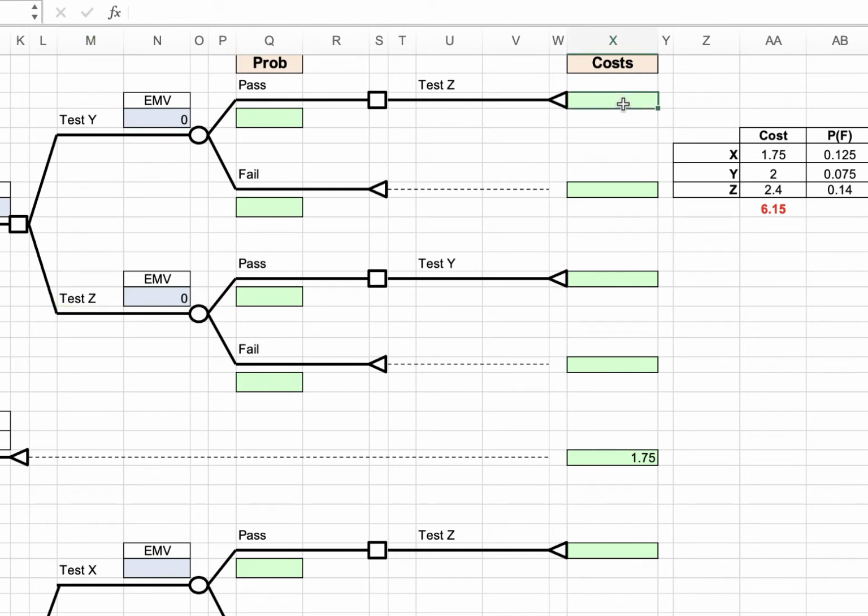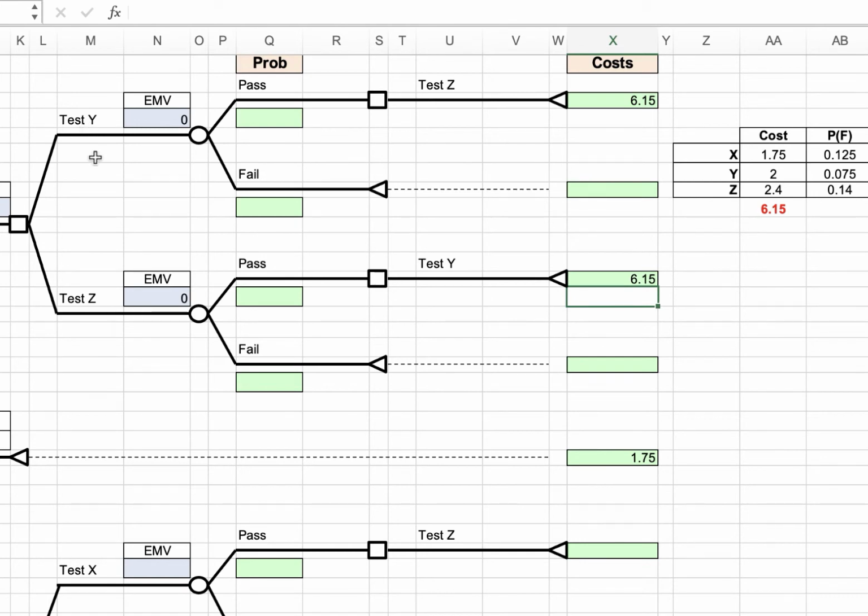So in this case, we're going to pay for all three tests, which is $6.15.